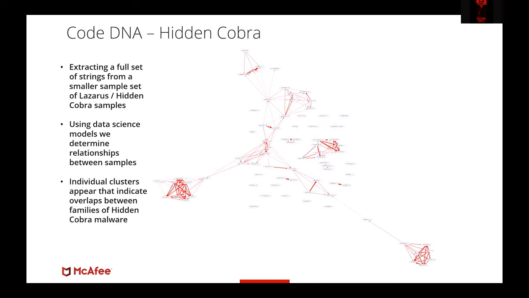So that's an example on Hidden Cobra samples. What we did here, we extracted all the strings and we compared directly the similarity between all those samples using the strings. And we put the different samples in a graph, which we call the graph correlation. Every link will indicate the relationships between the samples. And the stronger the link is, the greater the similarity.